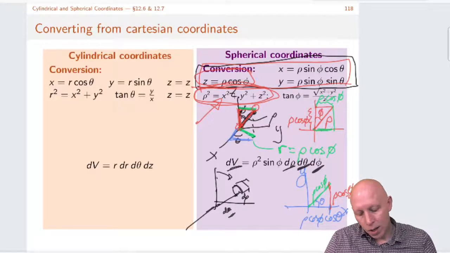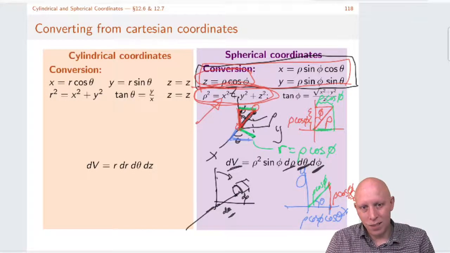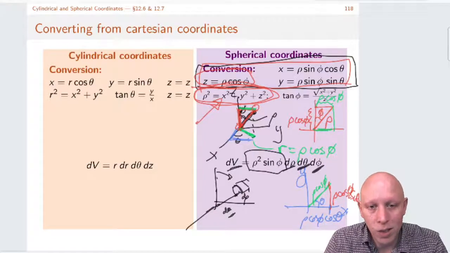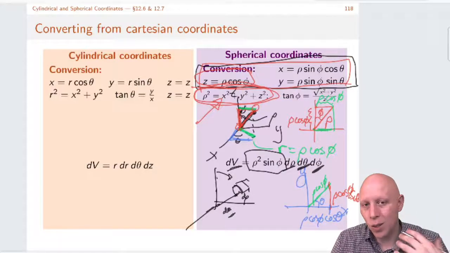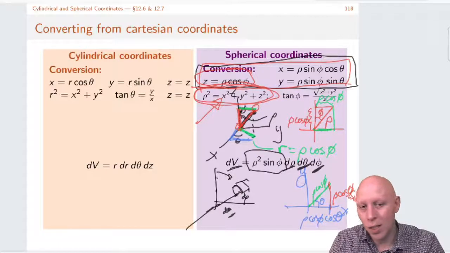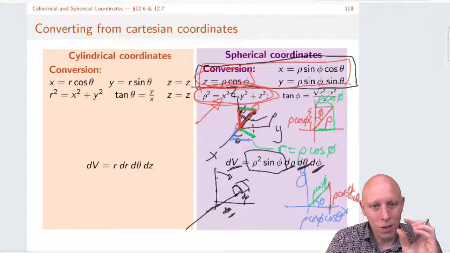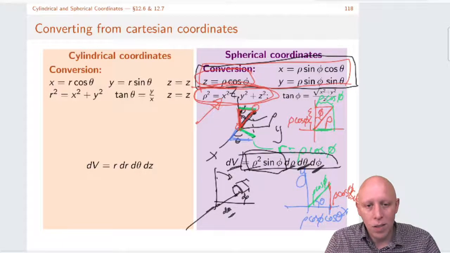If you go through and check all the different sides of this little box object, you can see that the contribution from this piece of volume is rho squared sine phi times d rho d theta d phi. So whenever you do a triple integral using spherical coordinates, you need this whole expression to represent dv.